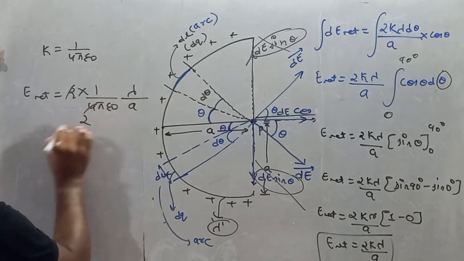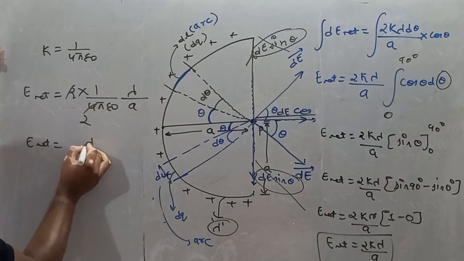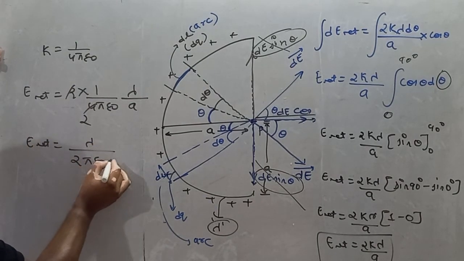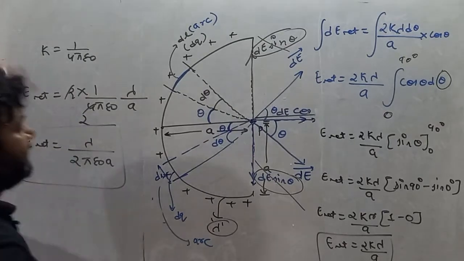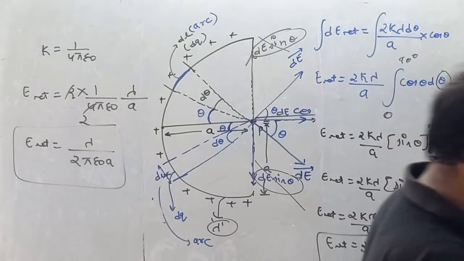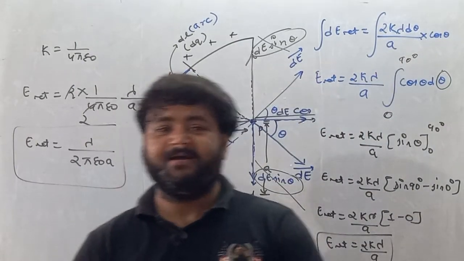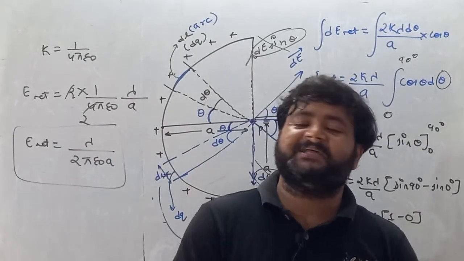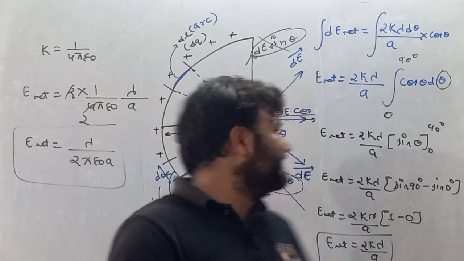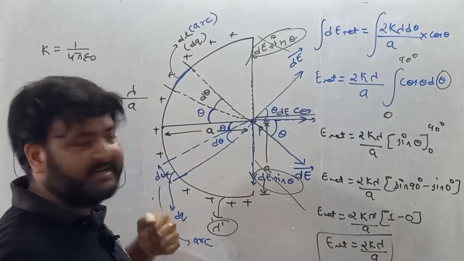So 2 twos are 4, and we get lambda by 2 pi epsilon naught a. This is the value of the electric field due to a semicircular ring, or semicircular arc, at its center.